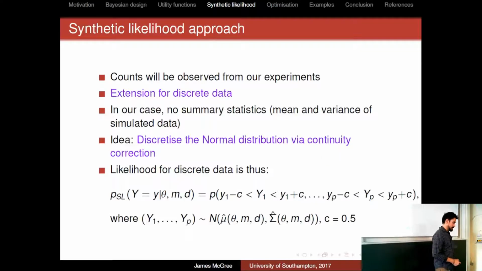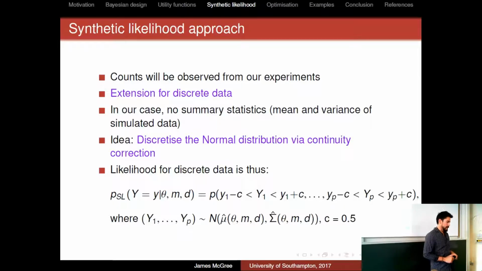Of course, because we have counts, we need to do something a bit different to evaluate the likelihood of those counts. Basically, all we do is discretize the multivariate normal distribution. If I was trying to find the likelihood of 2 counts, which may be 1 and 4, I calculate the probability, based on this multivariate normal distribution, of the first observation being between 0.5 and 1.5, and the second observation being between 3.5 and 4.5, and that's it.